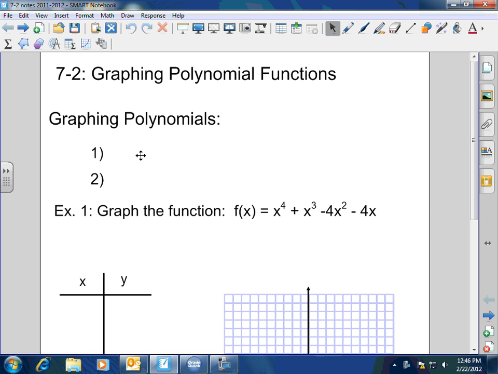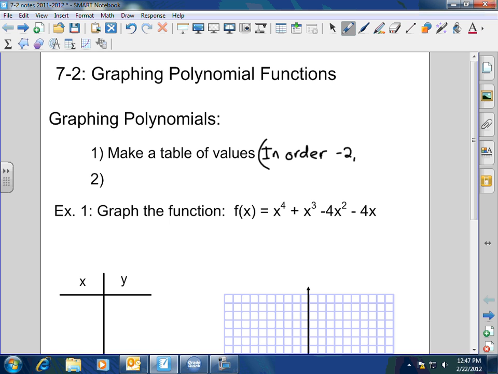So when we're graphing polynomials, first thing, we want to make a table of values. And I'm going to emphasize, make the table of values in order. Before, we're used to the normal 0, 1, negative 1, 2, negative 2. We're going to still use those and maybe even a little bit more, but put them in order from least to greatest.